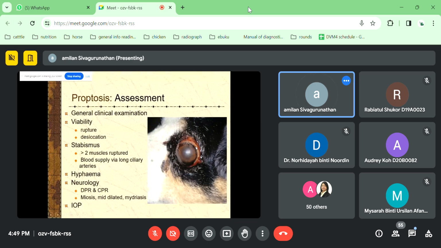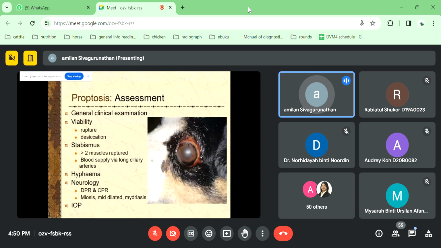Then we look at the position of this globe. Is the globe looking straight at you as it should, or is it deviated? Generally, the eye muscles, 6 of them, hold the globe in position. And so when the eye muscles rupture, they tend to deviate to the side of where the tension is. And so that will indicate to you the number of muscles torn.